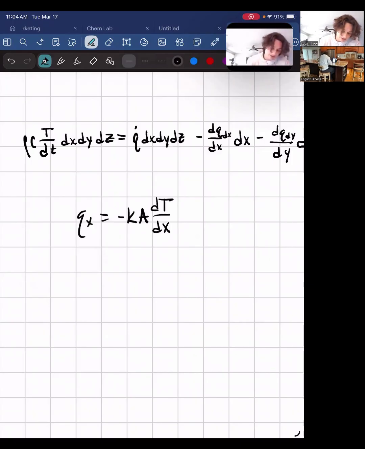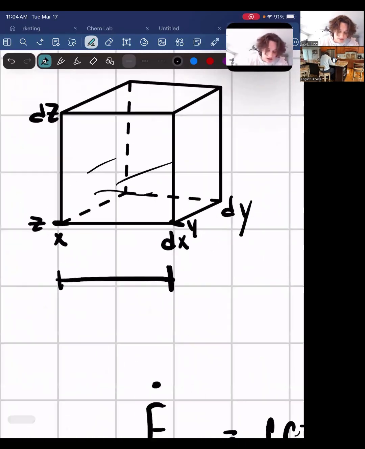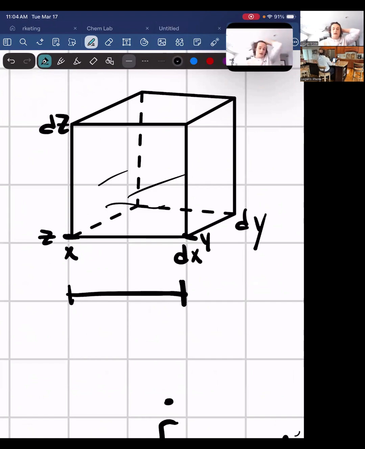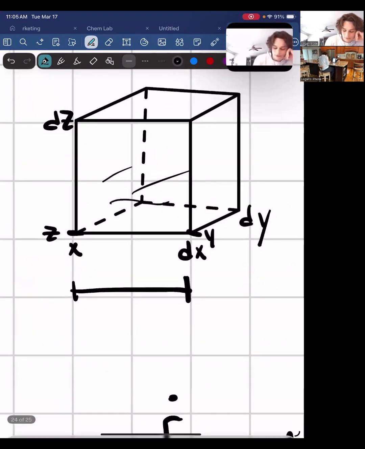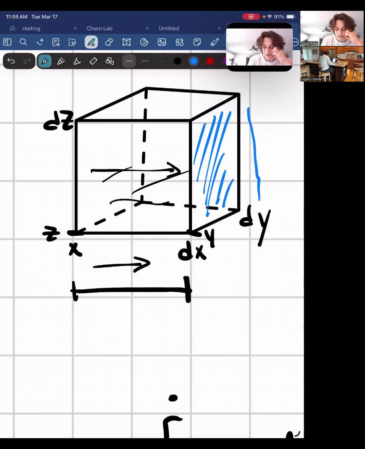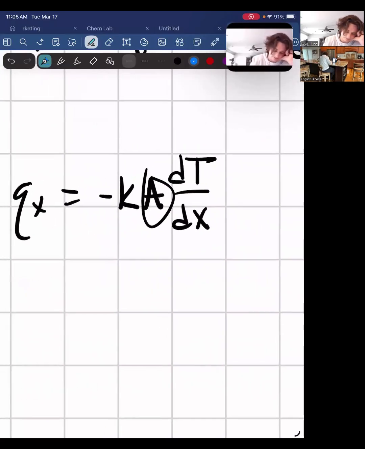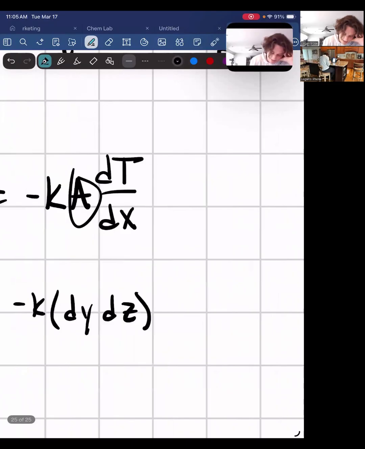What we can do here is look at this A. For the volume, in the x direction we're going along this way, and so our cross-sectional area is going to be this side, our dz and our dy. So Qx equals minus k dy dz dT/dx.